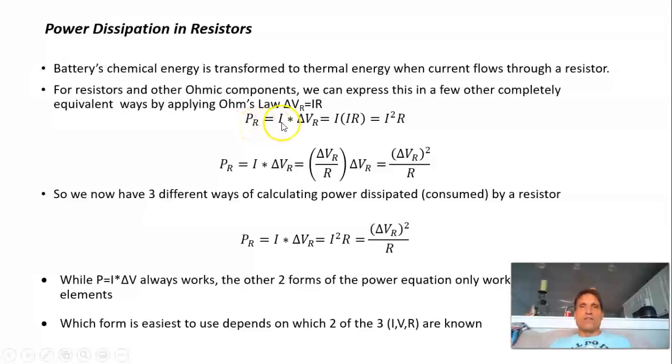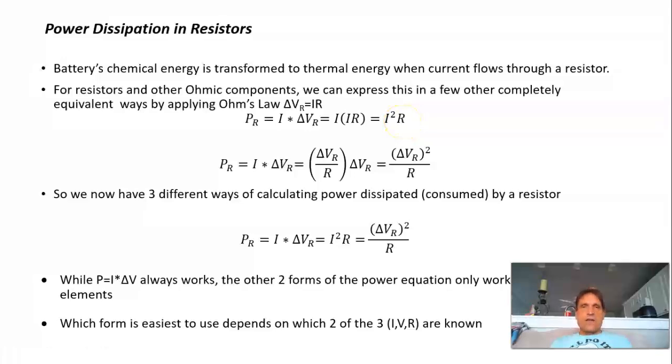And we can write this as P equals I times delta V_R. Now we can use Ohm's law: plug in delta V equals IR, and you get I times IR, which gives another expression for the power dissipated by the resistor. It depends on the square of the current times its resistance.